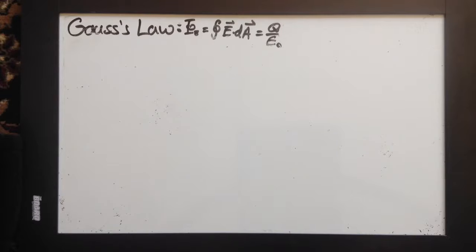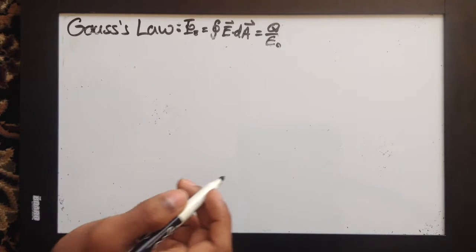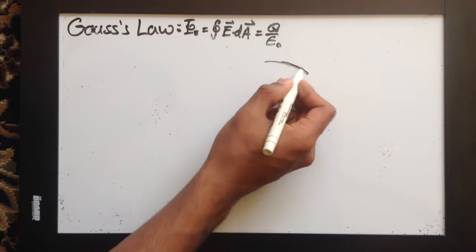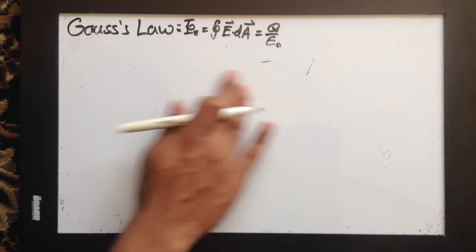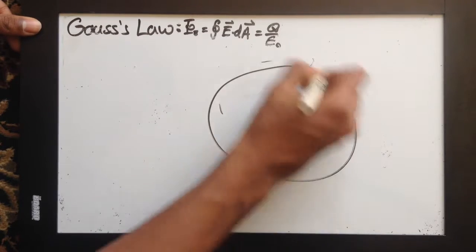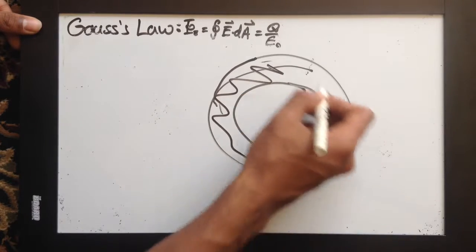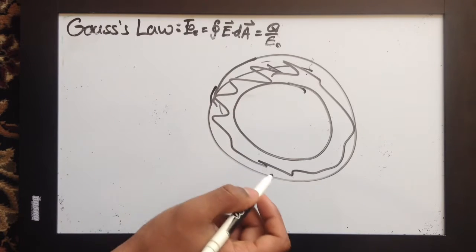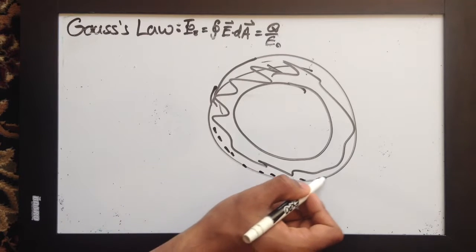One important application of Gauss's law is in conducting spheres or shells. What was discovered using this law was that if you had a charged conducting shell, say there was a shell like that. Actually, let me just draw better. There's a shell like that, and say this was the shell. If it's conducting, all the charge goes to the surface of the conducting sphere.